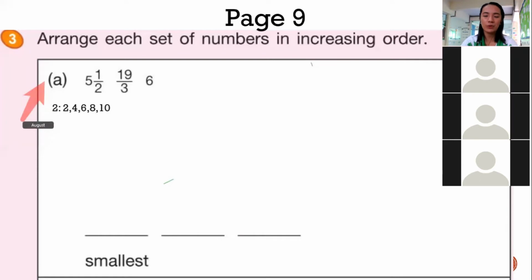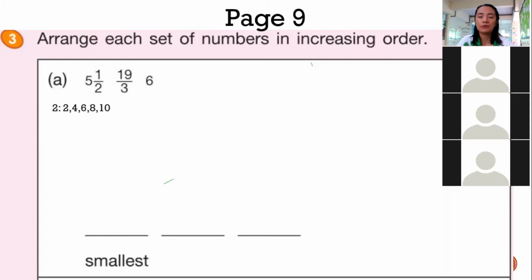So I want you to write and answer me if you know the question, okay? So first we have 2 mixed numbers and we have 1 whole number, right? So 5 and 1 over 2, 19 over 3, and 6. Now, we have the first denominator, 2.